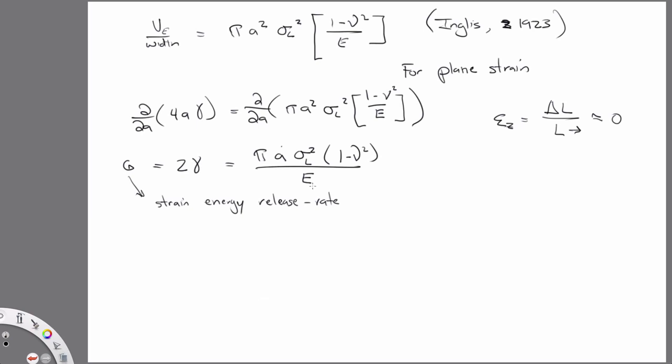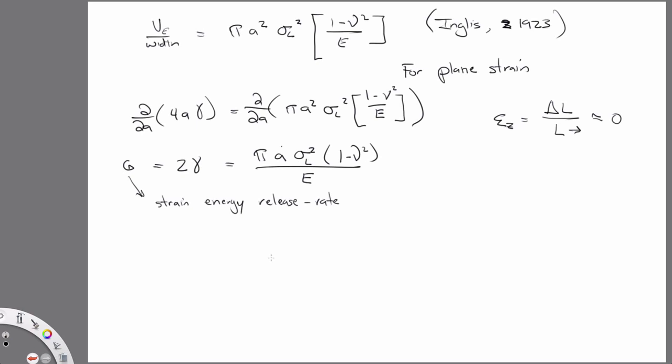And if you were to go into the lab and do a set of experiments, take a large two-dimensional plate that's thick so that our plane strain assumption holds. We have a small crack in the middle of it. We apply a far field stress, and we do this repeatedly.